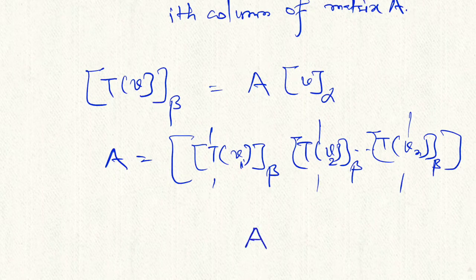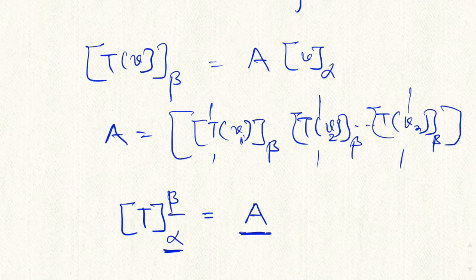The matrix A is called the matrix of the linear transformation T with respect to alpha and beta, because the matrix A depends on alpha and beta, so it is good to indicate alpha and beta in the notation.